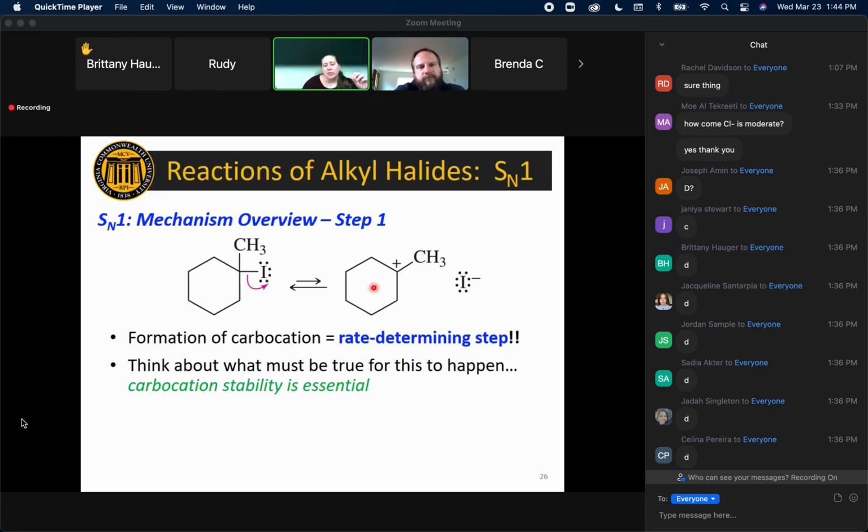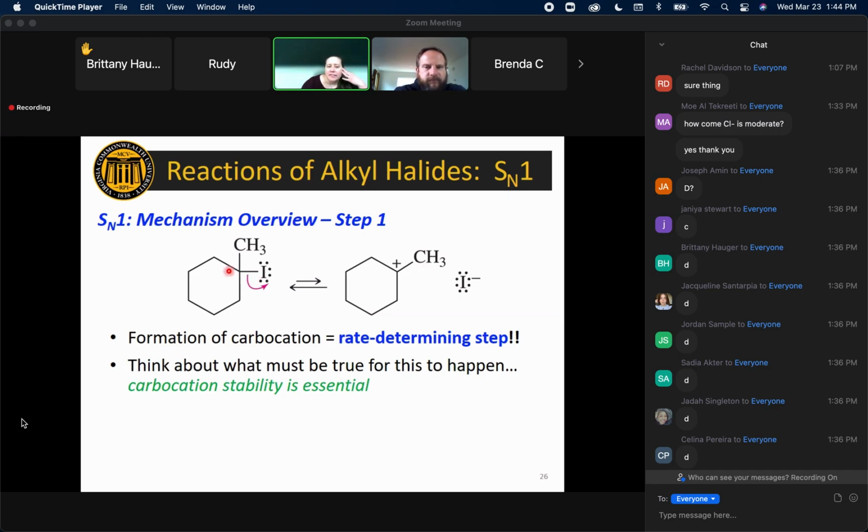We have to be able to create this carbocation, and if this was a highly reactive carbocation, we wouldn't be able to do this. The other thing that I want to point out is that this is actually a reversible reaction, right? You have a positively charged carbocation right next to a negatively charged, could-be nucleophile, and indeed it can go and reform the bond that it just formed.